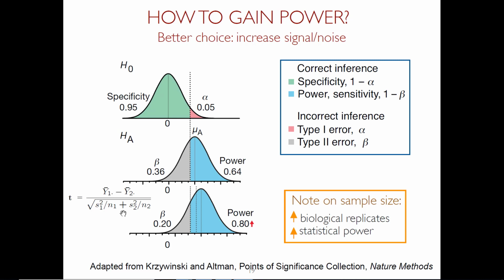But at the same time, if we have a larger sample size, see that sample size is in the numerator. So increasing sample size will shift this distribution to the right. And so it will increase our power, the probability of detecting changes. So this is a better way of doing it, keeping the type 1 error, the probability of false positives, fixed.